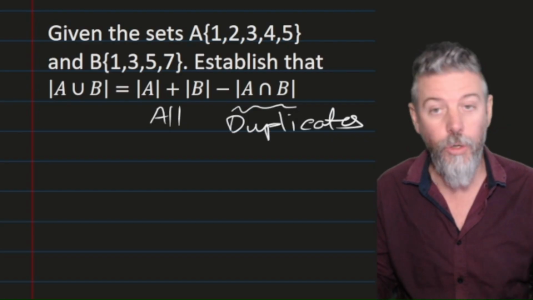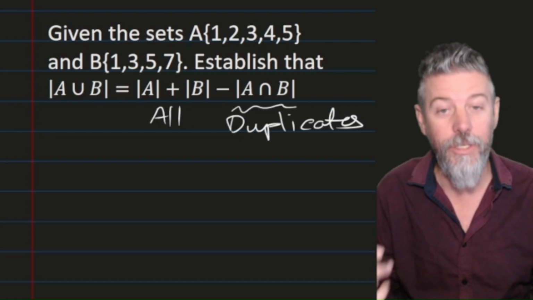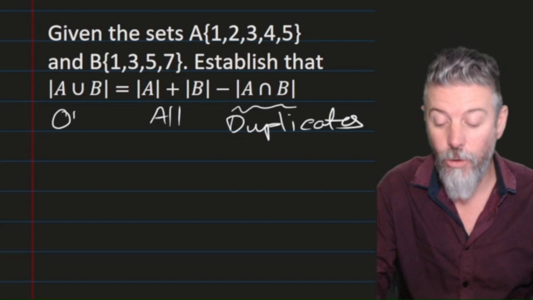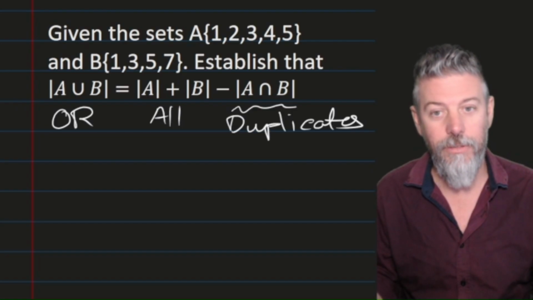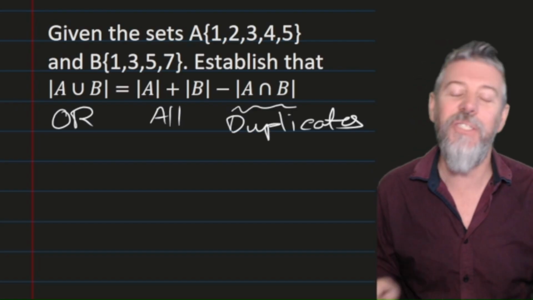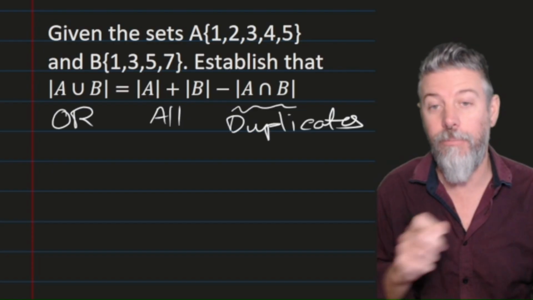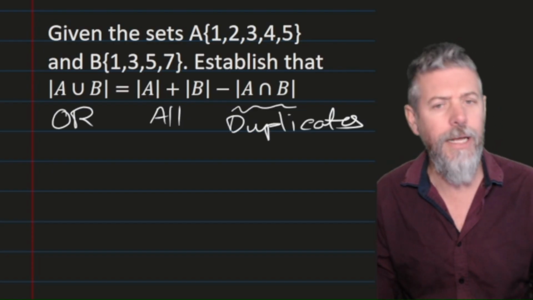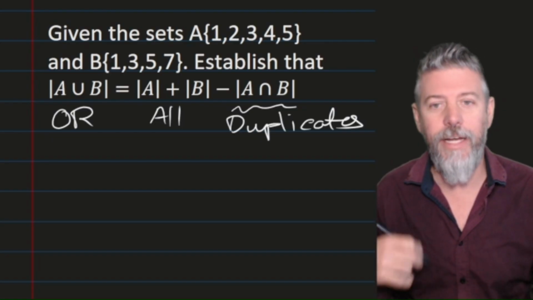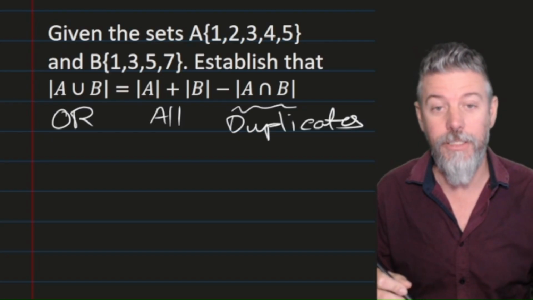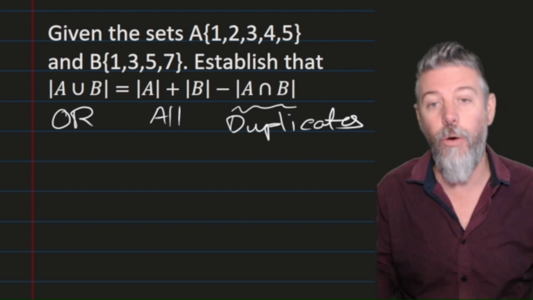And so we just took away those duplicates, and that will give us the A or B union that we have. If that's a little bit confusing, maybe go back and have a look at the video where the number parts occur again and see how that makes it happen. But the idea is that we're adding all of A, all of B, subtracting duplicates, and that gives us our OR.